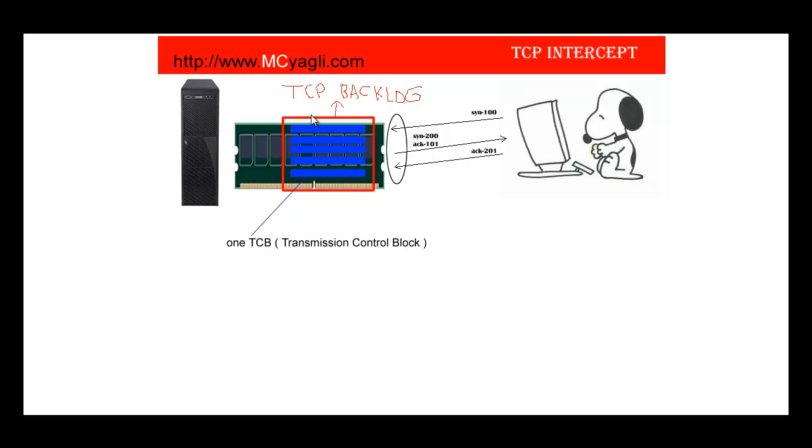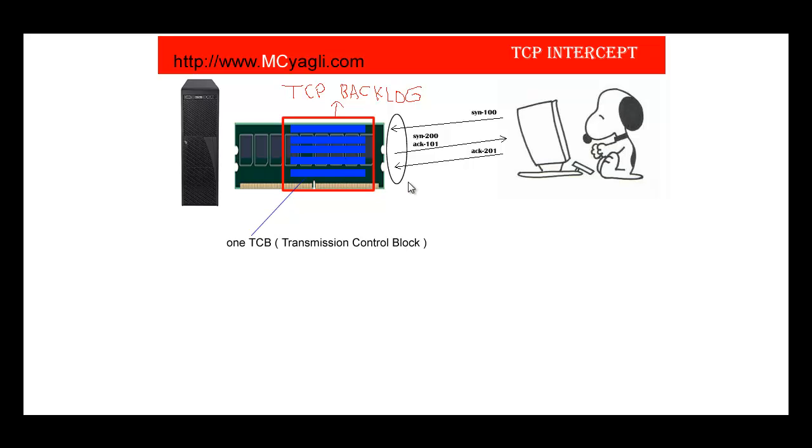When the TCP backlog is filled up, because all these blue queues are filled now, any new connections will be denied, whether it is legitimate or not. In fact, what a TCP SYN flood does is it simply depletes the backlog. It tries to fill the entire backlog. This is a big problem, right?